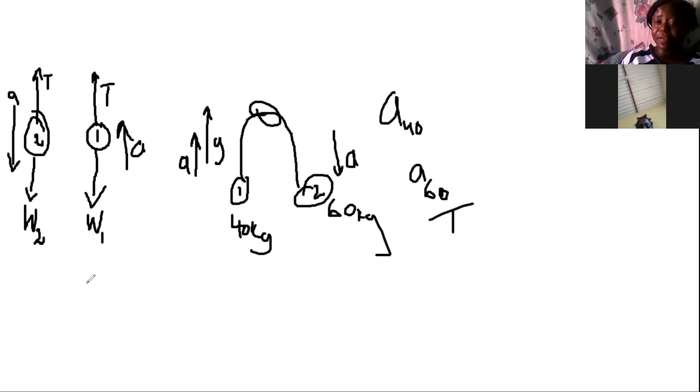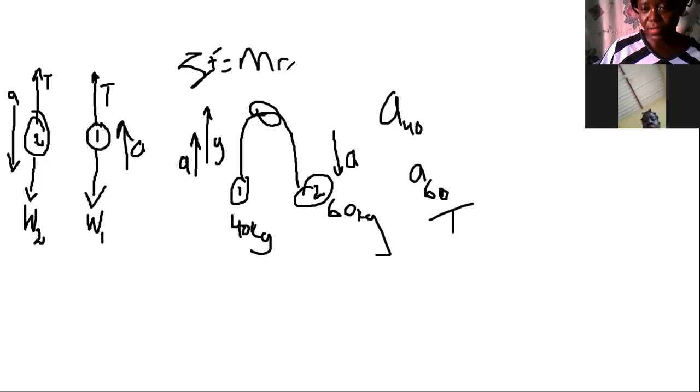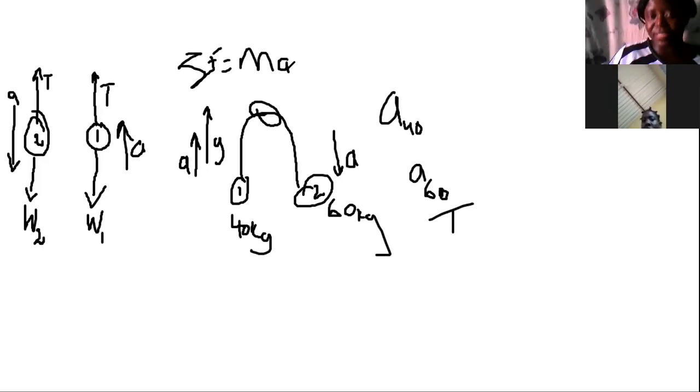Now we go on and make use of Newton's second law. Newton's second law says the summation of the forces equals the mass times the acceleration. So all the forces acting on the object equal the mass times the acceleration. We write it for each object differently; we don't mix them.